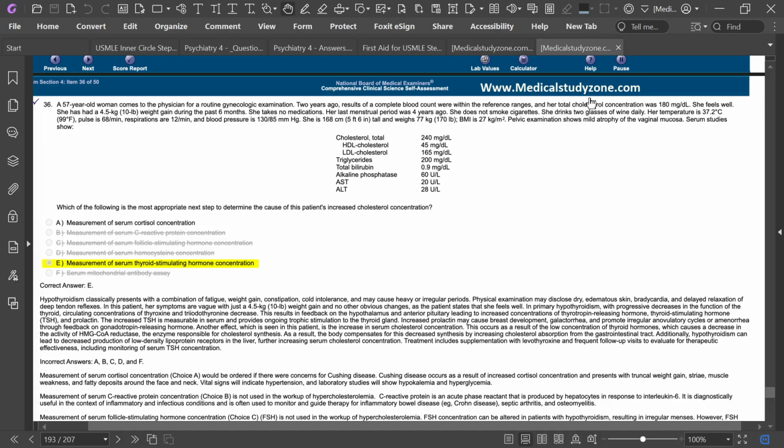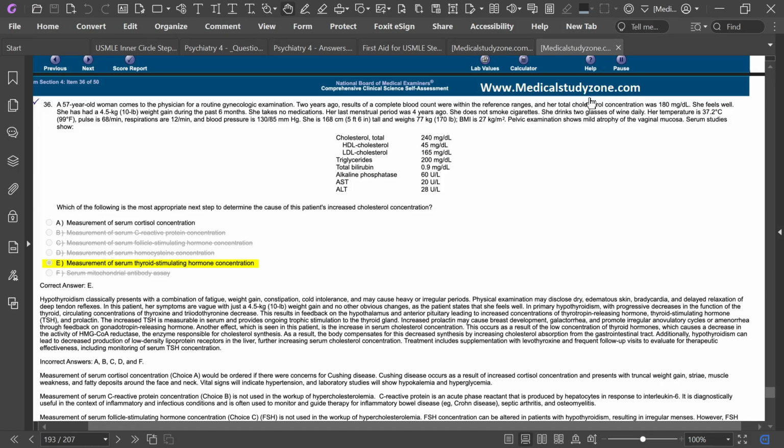This occurs as a result of the low concentration of the thyroid hormone, which causes a decrease in the activity of HMG CoA reductase, the enzyme responsible for cholesterol synthesis. As a result, the body compensates for this decreased synthesis by increasing cholesterol absorption from the GIT. Additionally, hypothyroidism can lead to decreased production of low density lipoprotein receptors in the liver, further increasing serum cholesterol concentration.